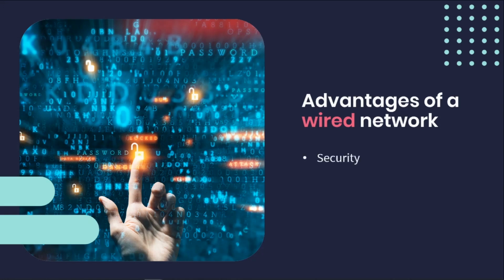First up, security. Now, a wired network has a lot of benefits, and security is one of them. Every user will need to be physically connected with an Ethernet cable to access the network, which increases the level of security. Speed is another example. Speed relatively depends on the type of Ethernet cables that are used in the network.